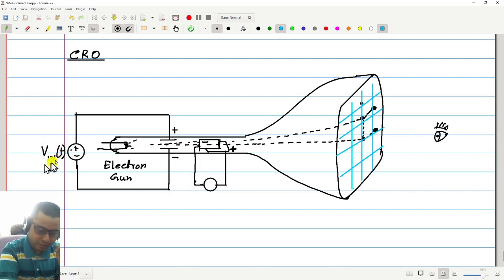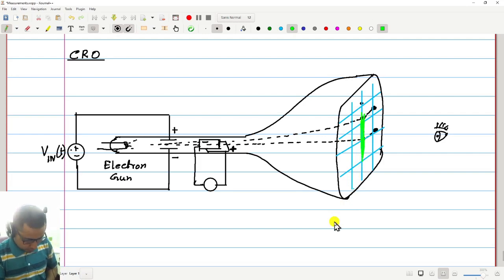Suppose this voltage is varying with time. Suppose this is an AC voltage, then this voltage is also changing. Therefore, the electron beam will move up and down depending on how this voltage V in T changes with time. But then what we will see on screen is a glow dancing up and down, and it will dance so fast that we will just see a vertical line, nothing else.